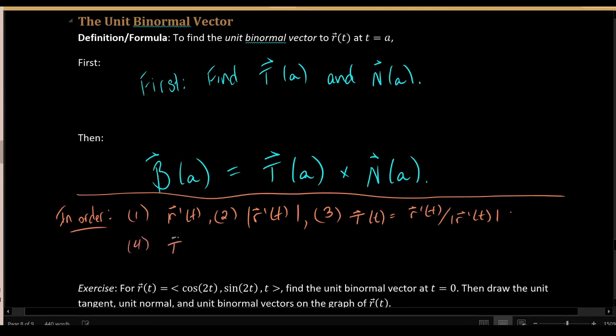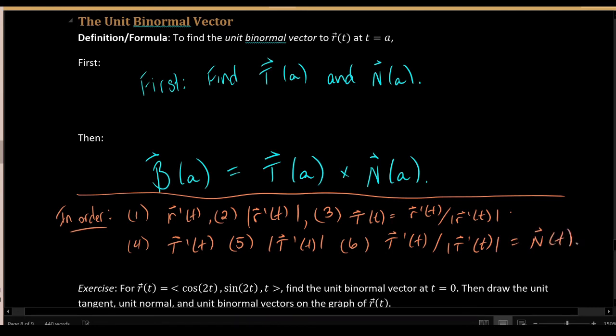So take the derivative of the unit tangent vector. Then find the speed of that. Then divide the unit tangent derivative by its length to get the unit normal.